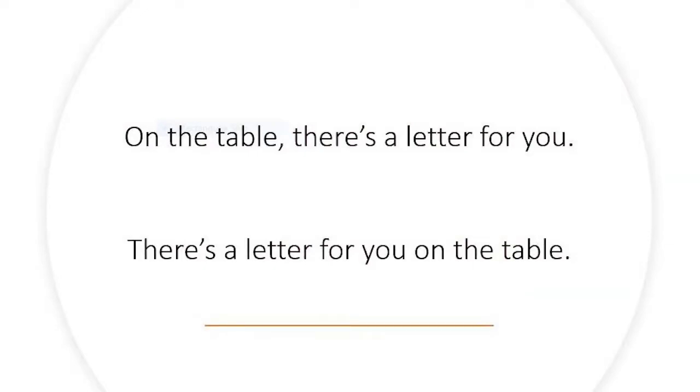On the table does not complete a thought. So, therefore, I have to put a comma afterward. But if I take that same clause and put it on the end of the sentence, I no longer need the comma. There is a letter for you on the table. I don't need a comma in between that.